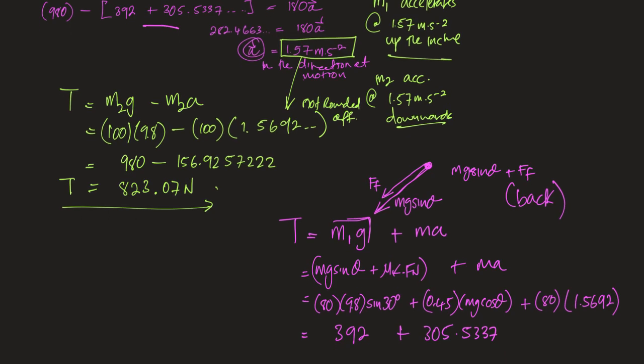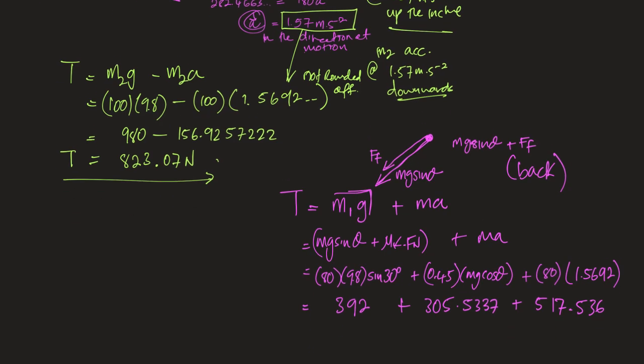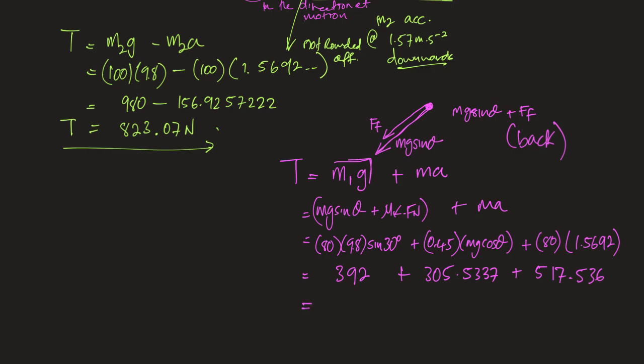All right, answer with that, plus 80 times 1.5692, which is 125.536, and then if I add all of that together, I end up with 823.0697, which is going to be 823.07 newtons. So that's T1. And those two values, that was T2.